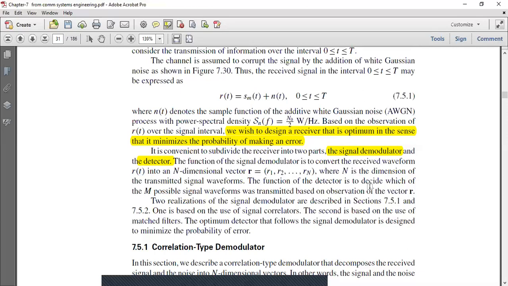The function of the detector is to decide which of the M possible signal waveforms was transmitted. So first is signal demodulation and then the signal detection process. We are receiving so many signals, so the detector has to decide which signal was transmitted. This is the job of the detector.